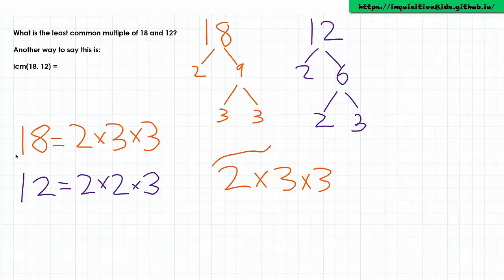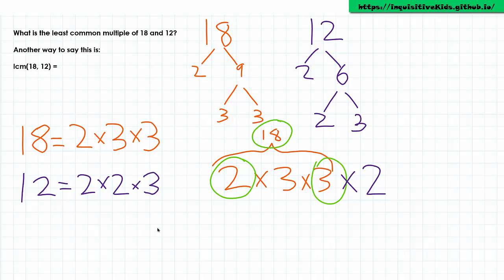So this is 18. Now let's look at 12. 12 needs to have 2 times 2 times 3. 12 needs to have one 3, and we already have one 3. It needs two 2s. We only have one 2, which means that we only have to multiply one more 2 to get the least common multiple of 18 and 12.